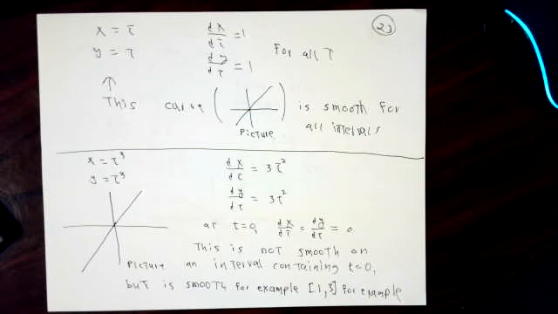On the other hand, if you have an interval of t numbers that excludes 0, then everything's fine. Curve 2 is smooth on the interval from 1 to 3, but it's not smooth on the interval from -3 to +3, because that includes t equals 0.